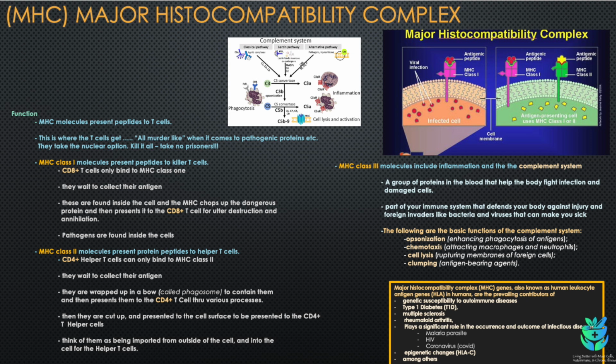It can also cause epigenetic changes, the HLA-C, and there are plenty of others, trust me. If this system isn't working properly, it's going to have your immune system going haywire or not activating at all or misfiring with the wrong cells. So you want to make sure you take care of this.